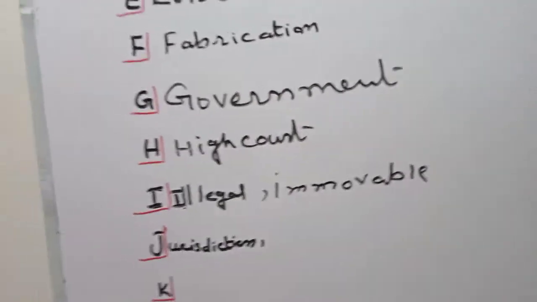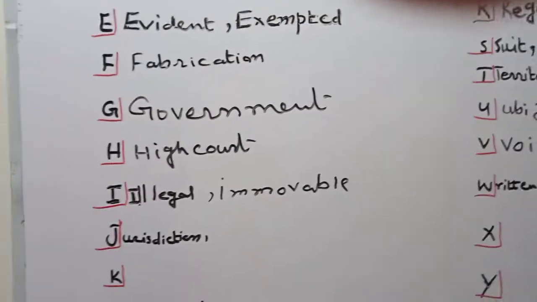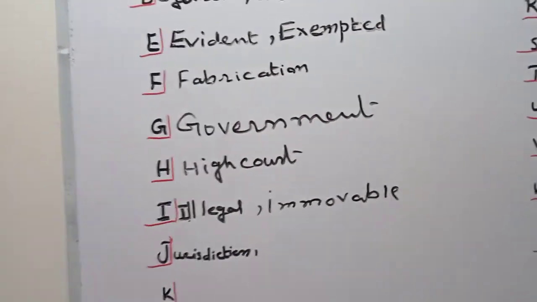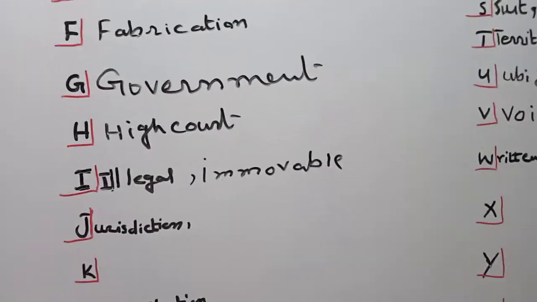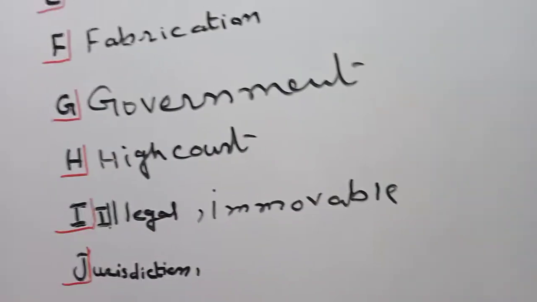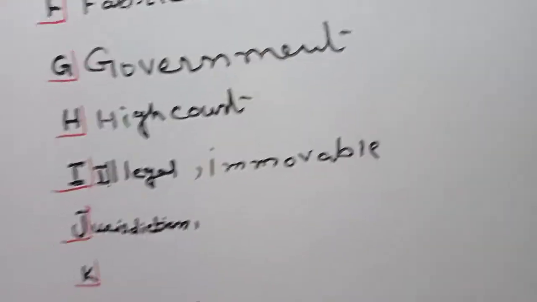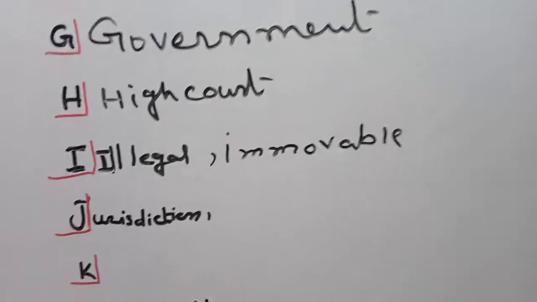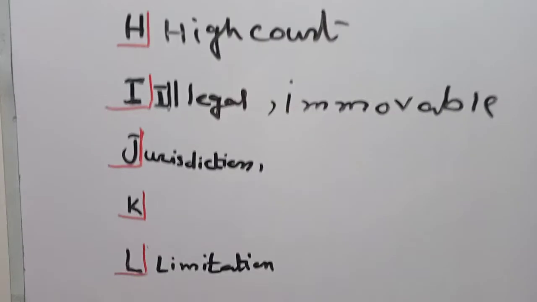High court means the highest court after district court, or superior to district court. Illegal, which is not legal, is called illegal. Immovable, which is not movable, is called immovable. Immovable is mostly used in property, immovable property.